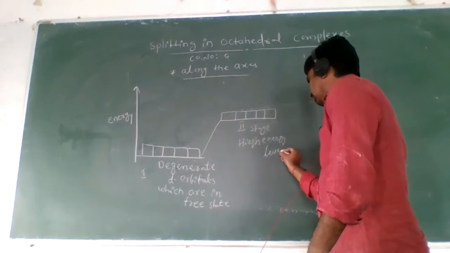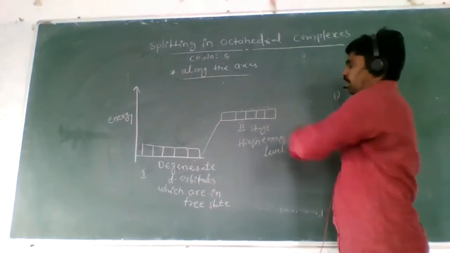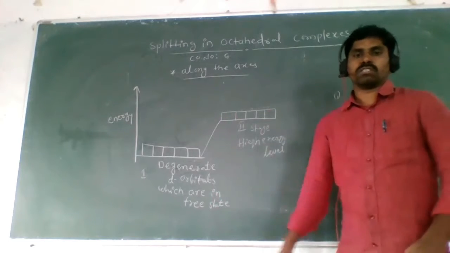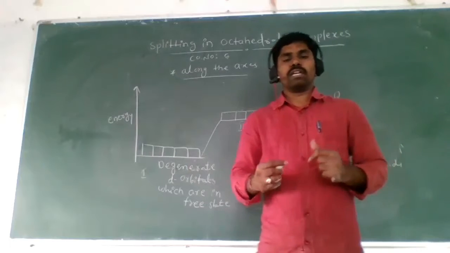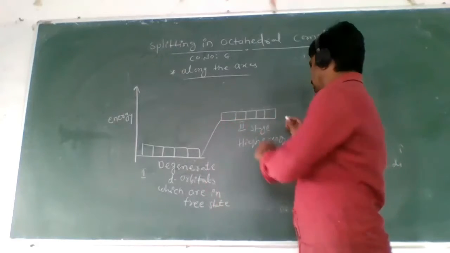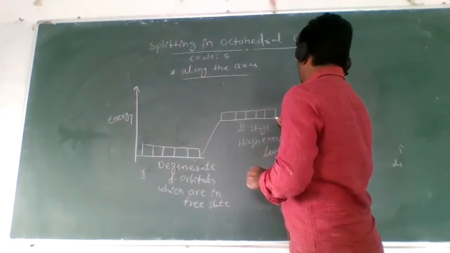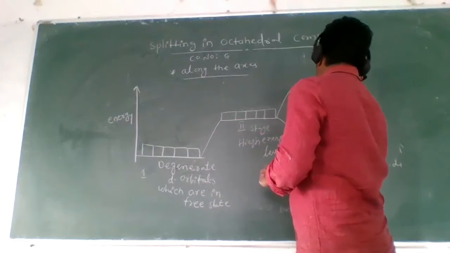Is that clear? Right. After that, these 5 degenerate orbitals split into two sets of groups having different energy. So these 5 degenerate orbitals split into two sets of groups.